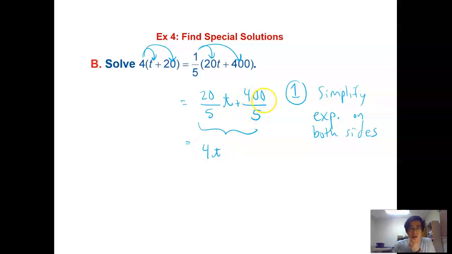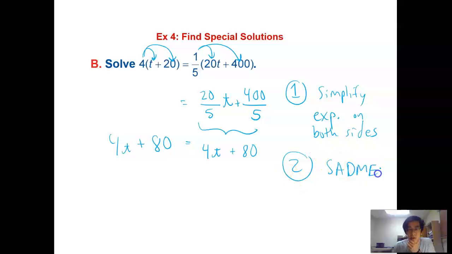And 400 divided by 5 is going to give me 80. Alright, let's see what I have over here. 4 times t is also going to be 4t, and then 4 times 20 is also going to give me 80. Very interesting.